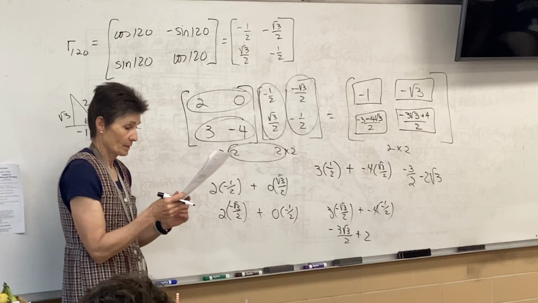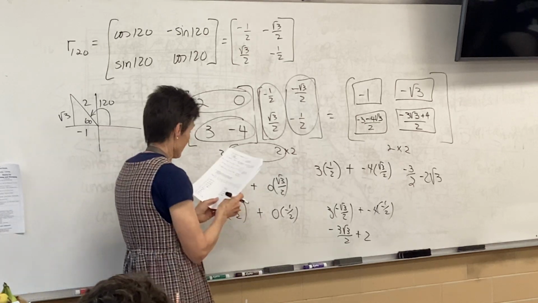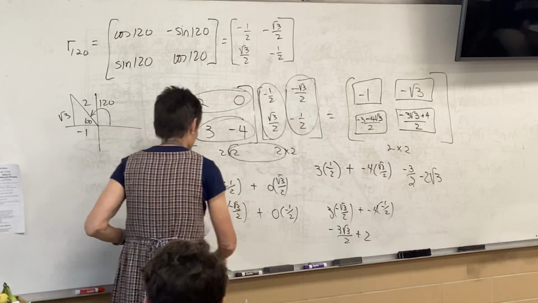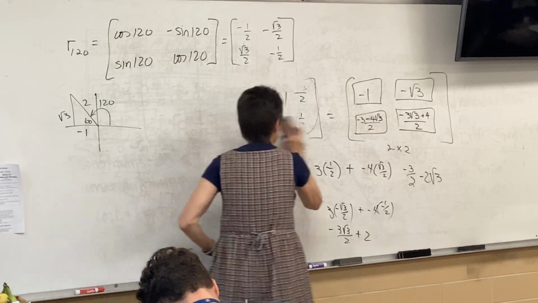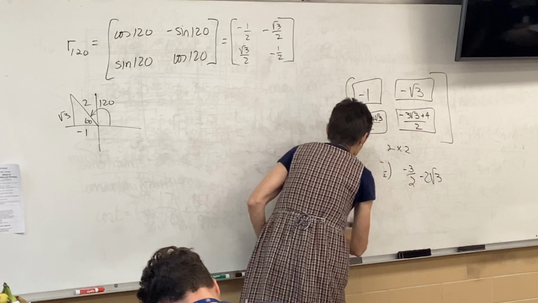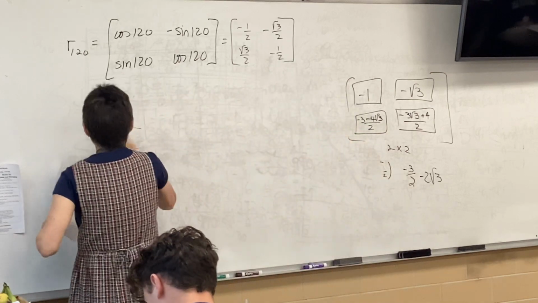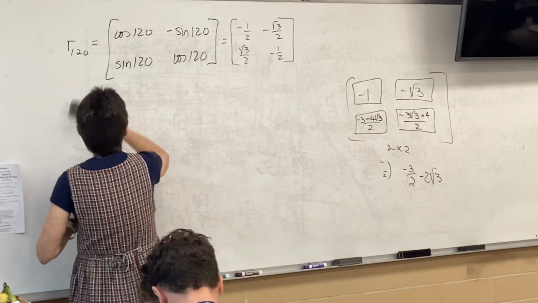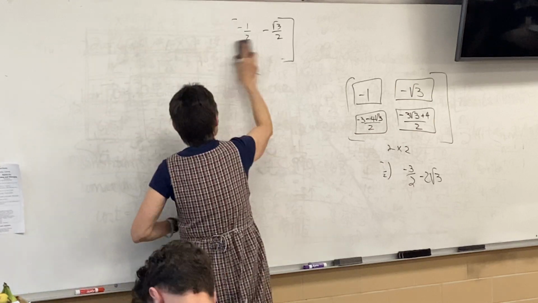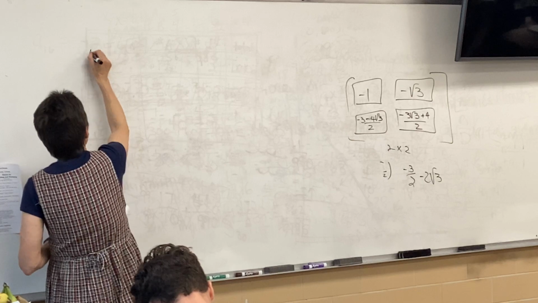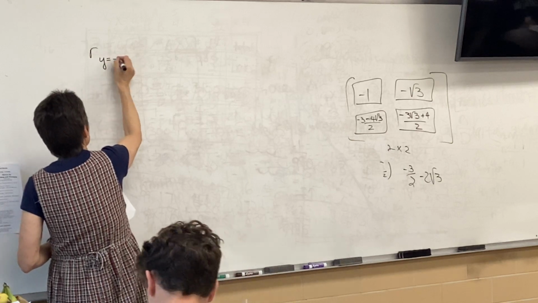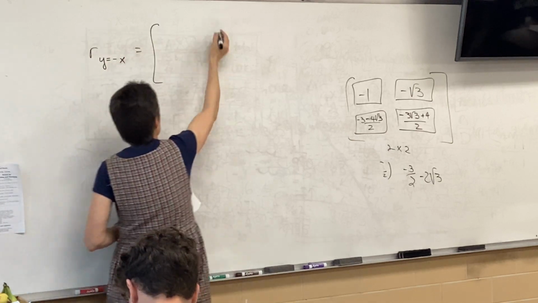11p. Reflected across the line y equals negative x, so we need a matrix for that.